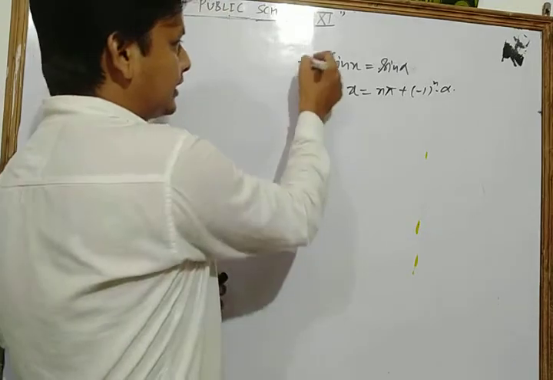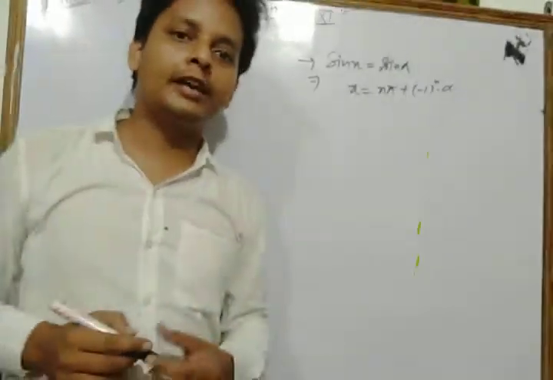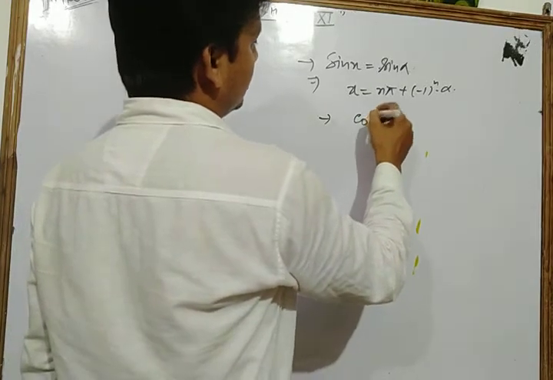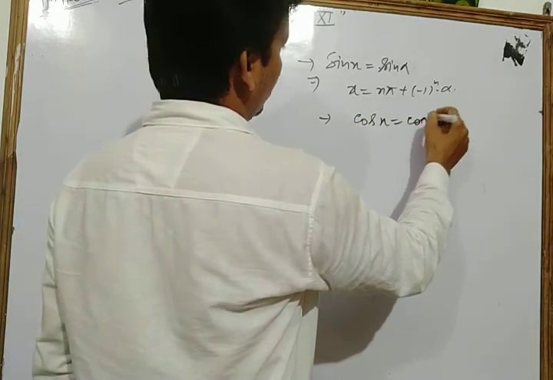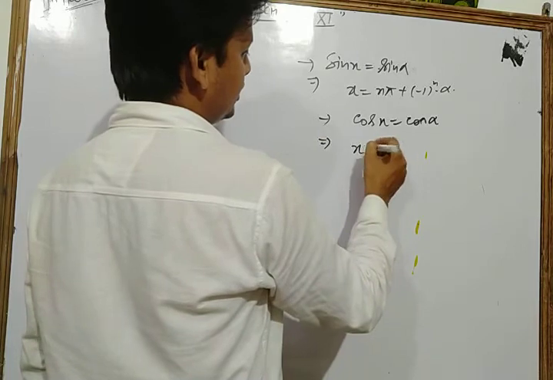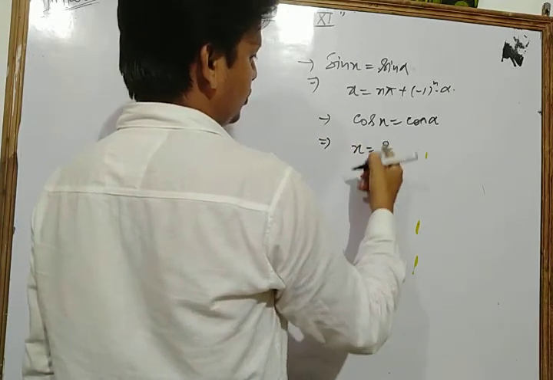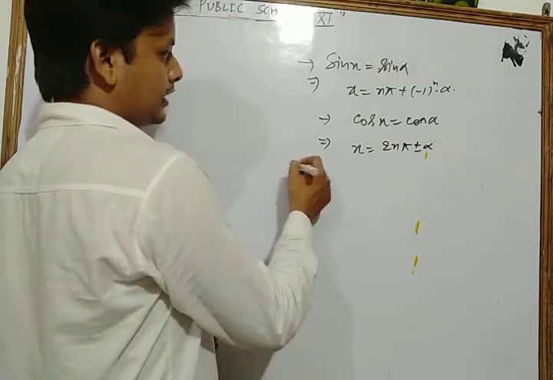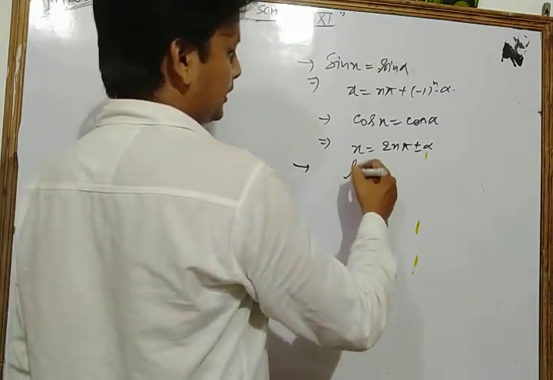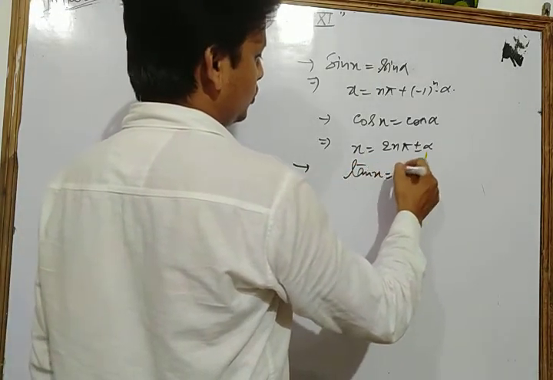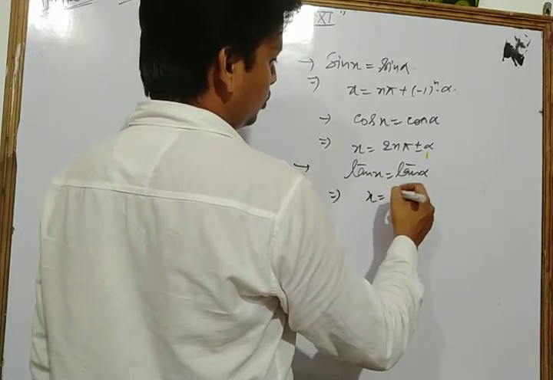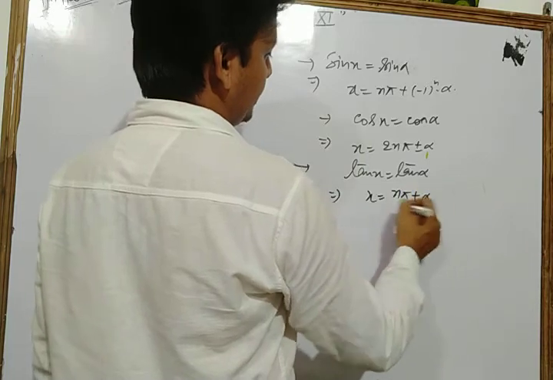Similarly, for cos x = cos alpha the solution is x = 2n pi plus minus alpha. Next, for tan x = tan alpha the solution is x = n pi plus alpha.